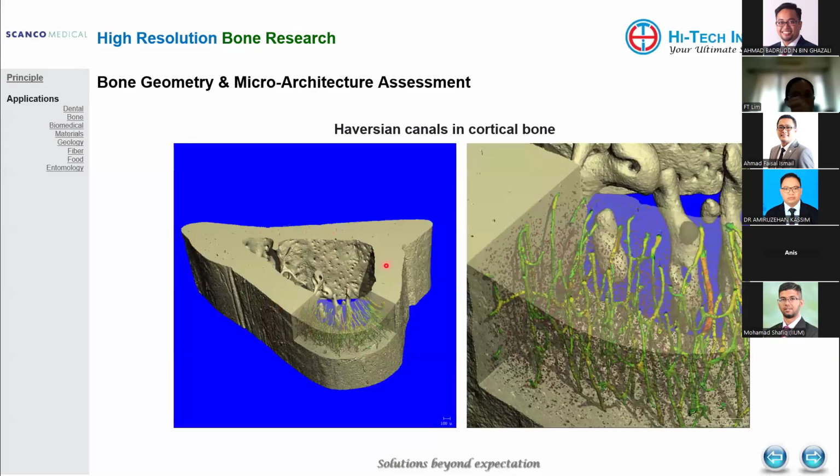So you can utilize the software to convert it from the low density and make it solid. When you invert it in such a way, you will see there is a lot of networking here, which we call the Haversian canals. All these Haversian canals can range from like 20 to 50 micron.